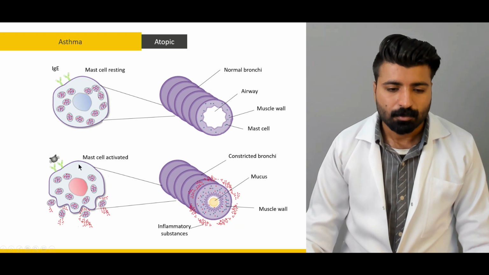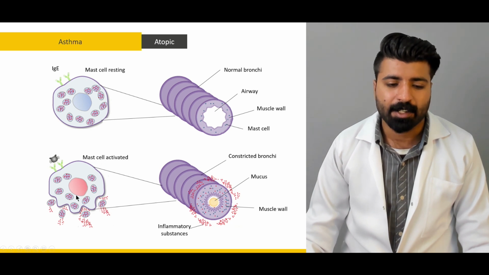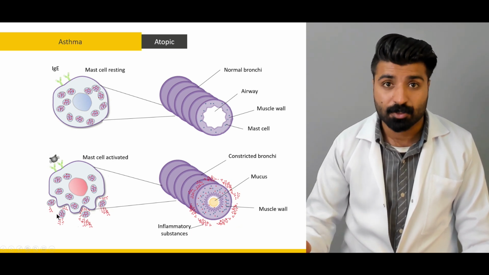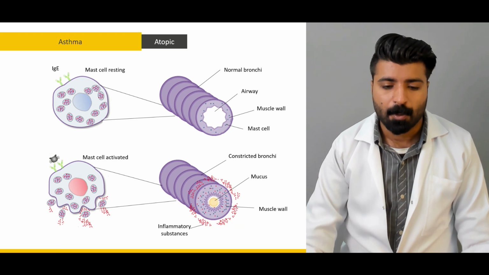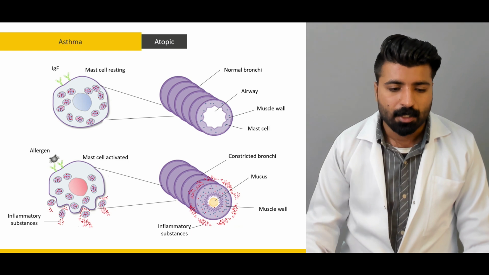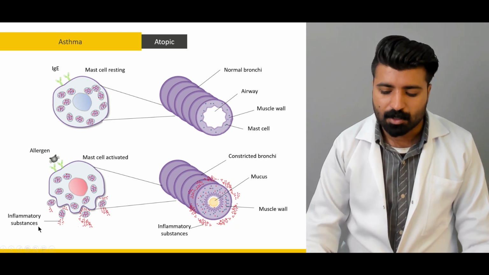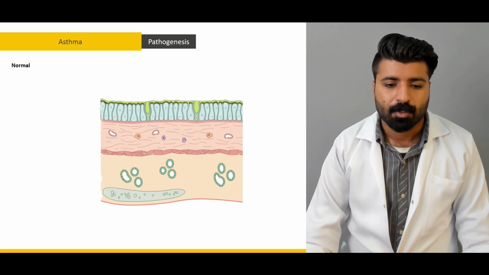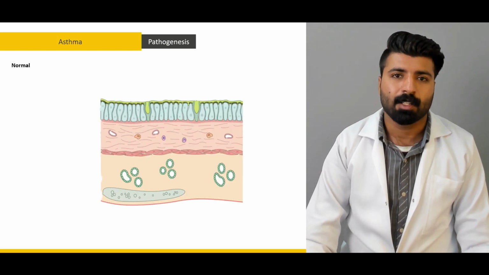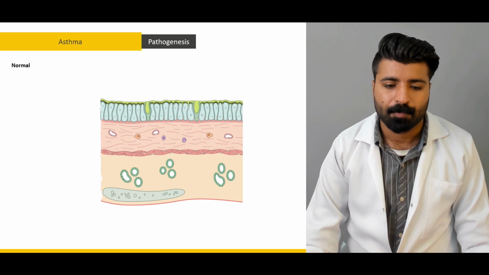So now the mast cell is activated. It has given off IgE and it has given off its histamine. Now what's going to happen? As you can see, inflammatory substances are being released, histamines. Now let's see what is going to happen in the asthmatic pathogenesis.